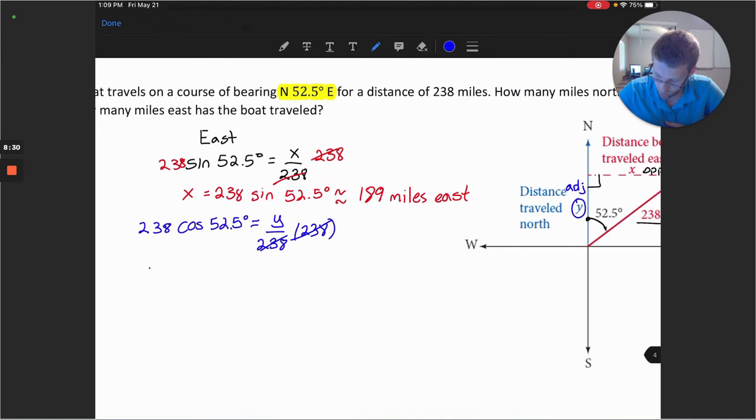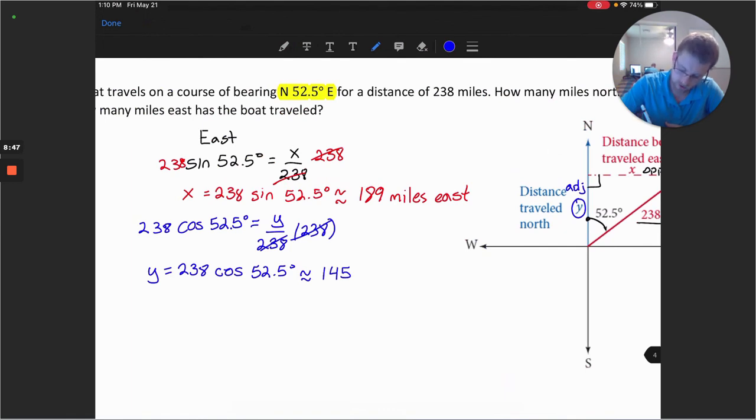So y is equal to 238 times the cosine of 52.5 degrees, and we can find this is going to be 145 miles north.